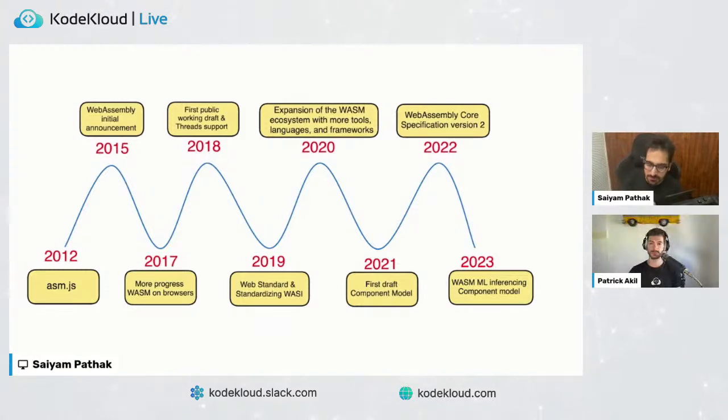In 2022, the core specification work for WASI Preview 2. And then this year, more focus definitely is on polishing and publishing the component model and WASI Preview 2. And one of the latest use cases in the WebAssembly ecosystem, which you will be seeing across all the WebAssembly frameworks, runtimes, and organizations, is machine learning inferencing using WebAssembly.